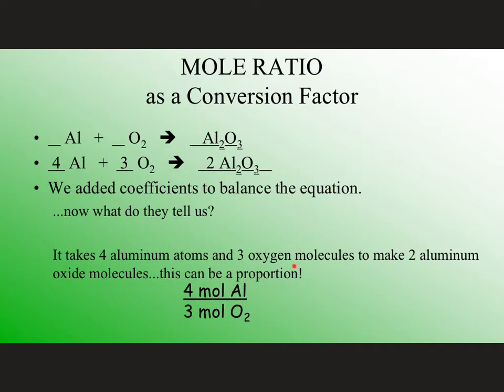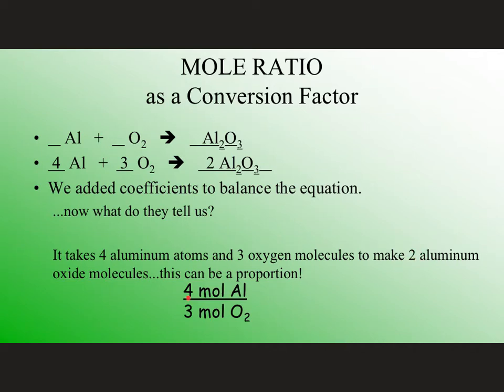So this is all about proportions. 4 aluminum atoms will react with 3 oxygen molecules, and then that combined makes only 2 product particles, the aluminum oxide particles. So a proportion can be set up as a conversion factor. 4 moles of aluminum is proportional to 3 moles of oxygen, or I could also bring in 2 moles of the aluminum oxide.